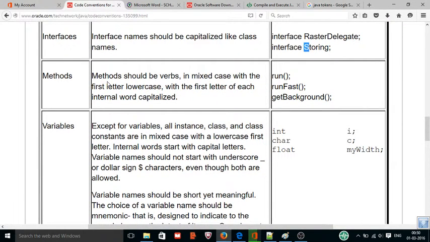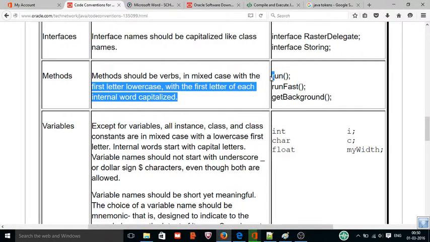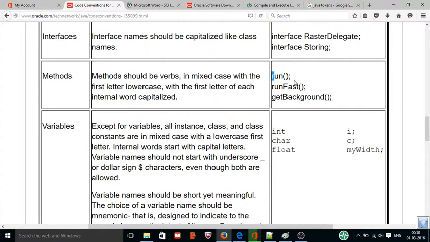So we also declare methods inside classes, different classes. Method names always start with a lowercase letter. In the first example, run, the R is lowercase. In the second example, there are two words, run and fast.